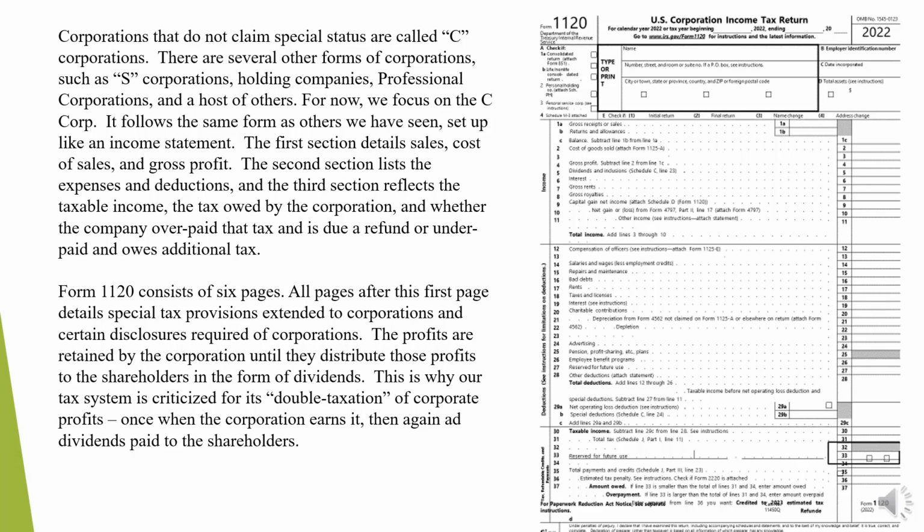So our tax system has been criticized by a lot of folks for its double taxation of corporate profits. The profits are taxed once when the corporation earns it, and then again as dividends are paid to the shareholders. And so the dividends are taxed at the shareholder level when they are received. So the same profits have been taxed twice, and a lot of people think that that's unfair.